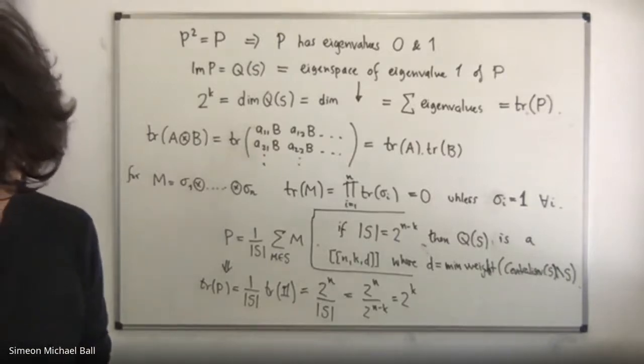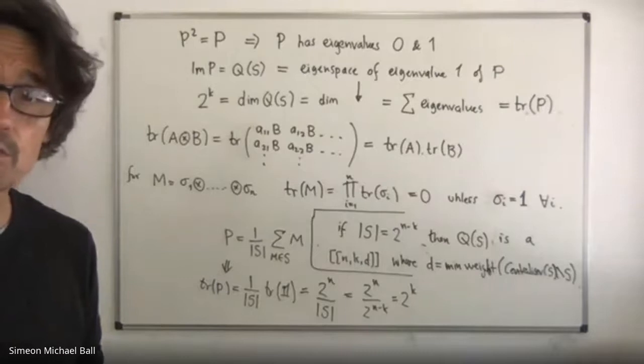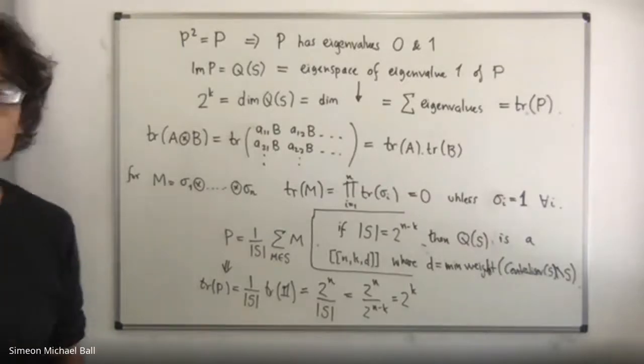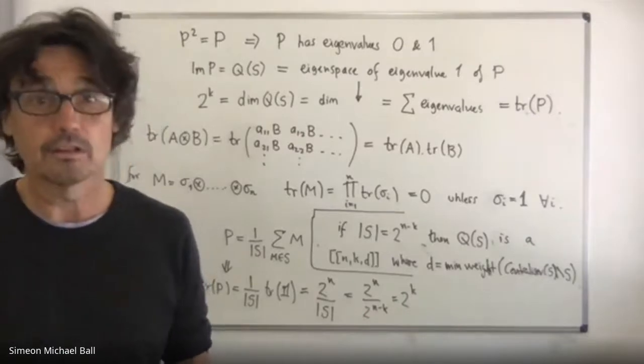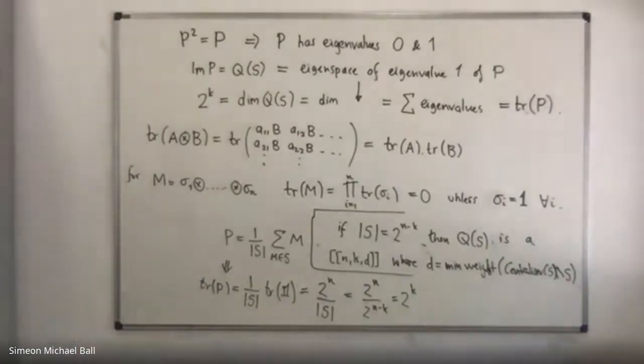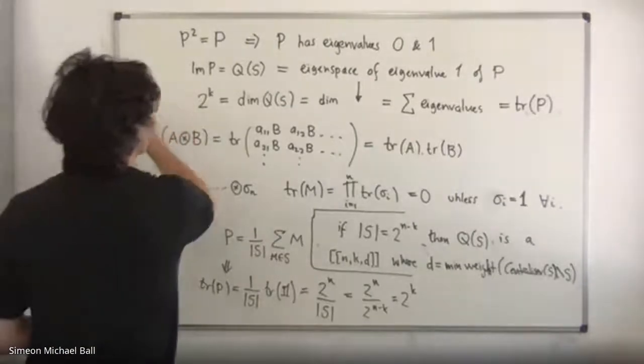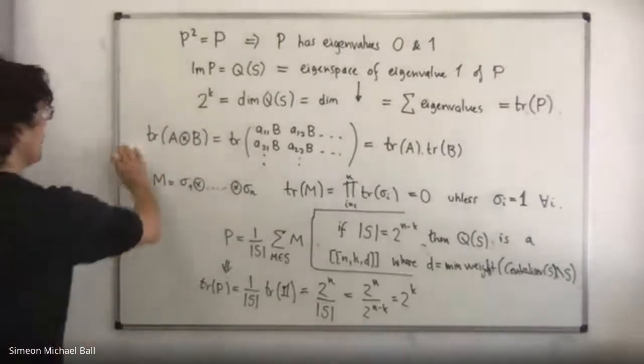And now I'm going to explain the link, which I promised you last time, between stabilizer codes and classical codes, classical binary codes. Okay, so.